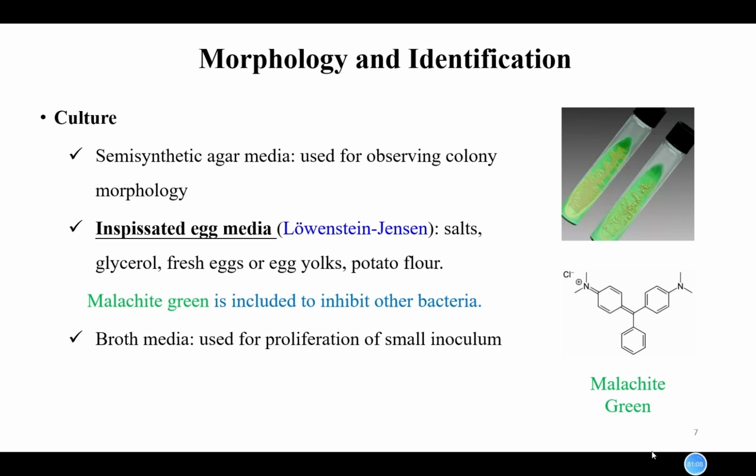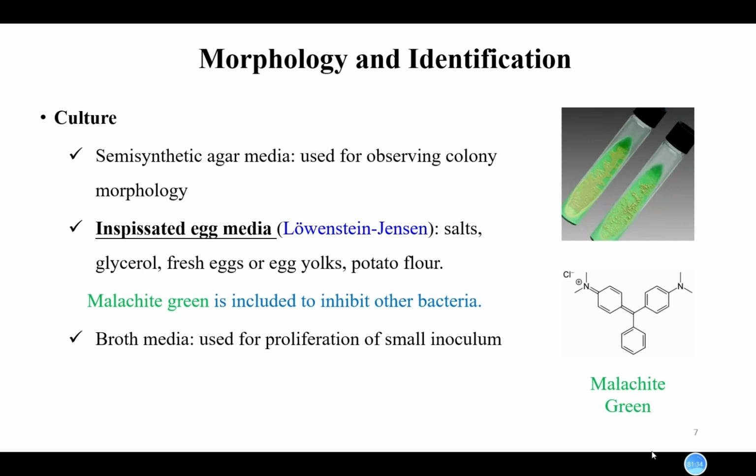It contains salts, glycerol, fresh egg or egg yolks, and potato flour. At that time, I remember every couple of weeks, I would go to the supermarket to buy fresh eggs. Then I mixed the egg yolk with glycerol and potato flour in the lab, mixing it well.